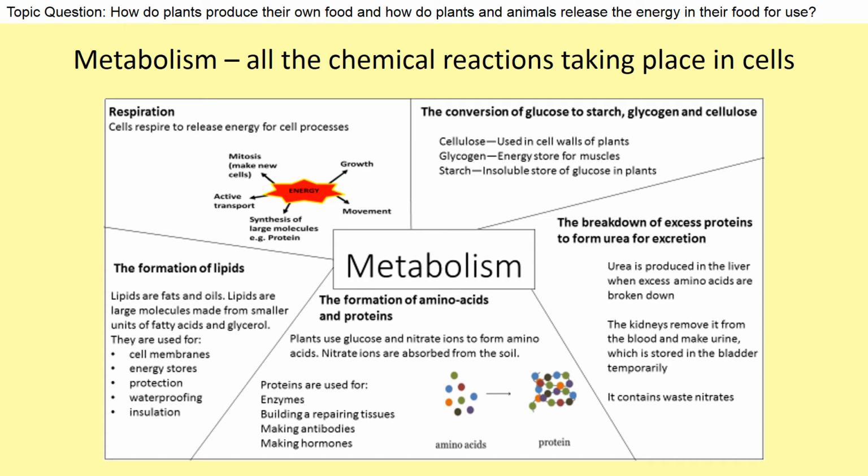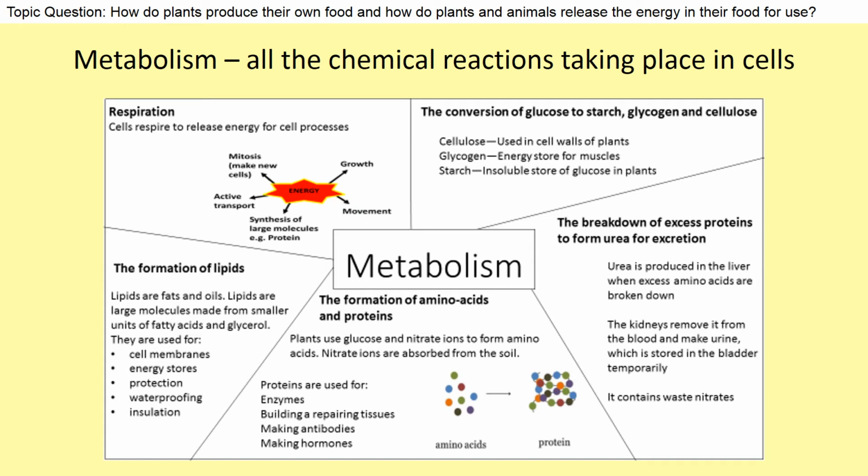So the respiration that we've talked about, the conversion of glucose into starch and glycogen and cellulose, they are all examples of metabolism. Be careful with that one. Glycogen is the only one that takes place in animals, and cellulose and starch are the only ones that take place in plants.